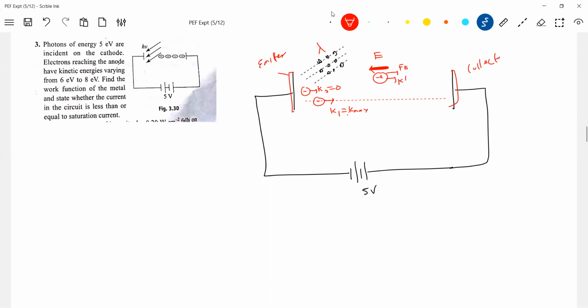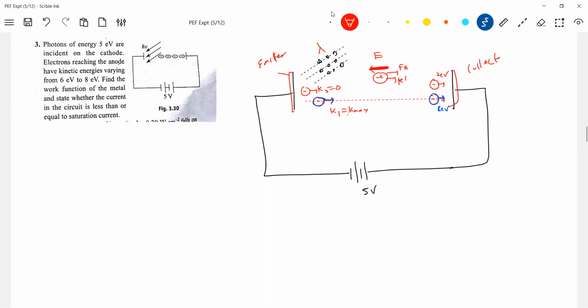So now there are two electrons. One electron will strike with 8 electron volt, and another electron with the lower value.